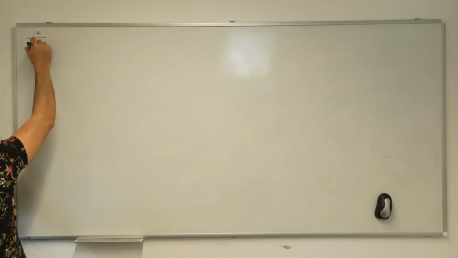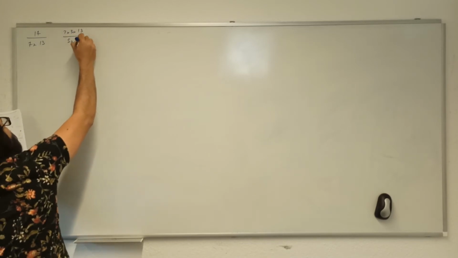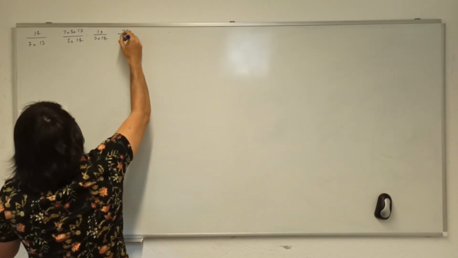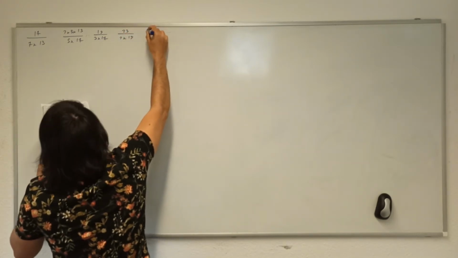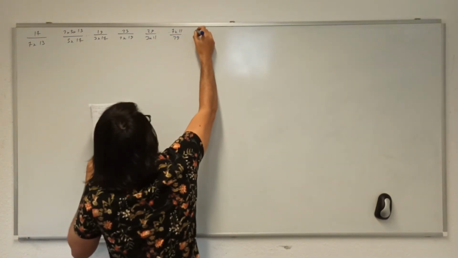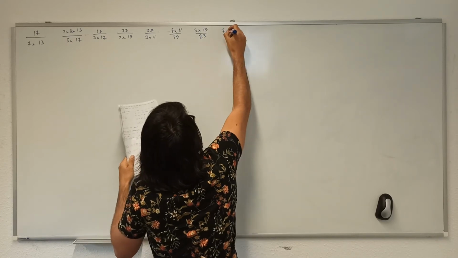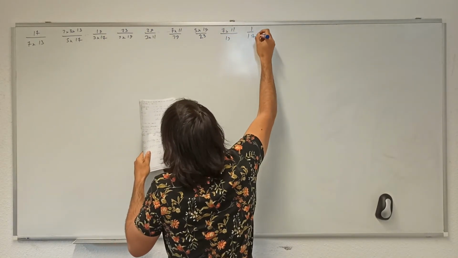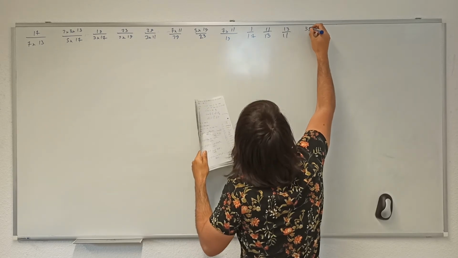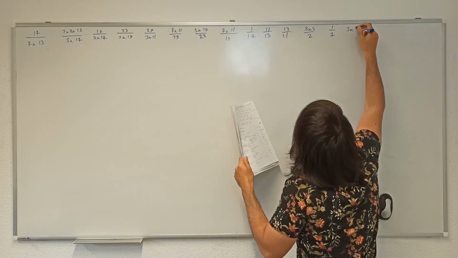The first fraction was this, and then the second was this one, and then we have 19 over 3 times 17, and then 23 over 2 times 19, and then 29 over 3 times 11, and 7 times 11, 29, and then 5 times 19, 13, oh, 23, sorry, and then 7 times 11, 19, 1 over 17, 11 over 13, 13 over 11, 3 times 5 over 2, 1 over 7, and 5 times 11.